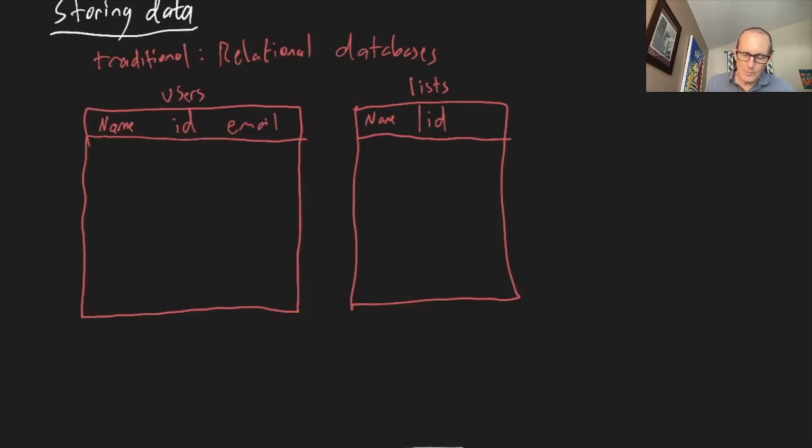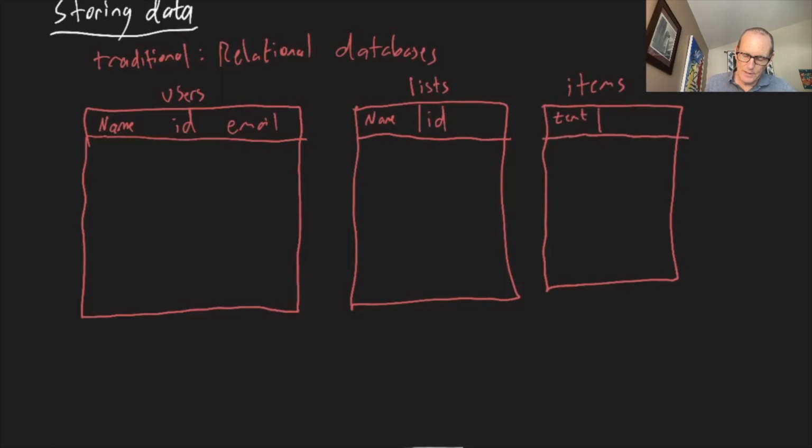And then separately, we might have an items table, which contains each of the items. It would have the text of the item, and as always, an ID, and maybe completed. Okay, so that's what things would look like.